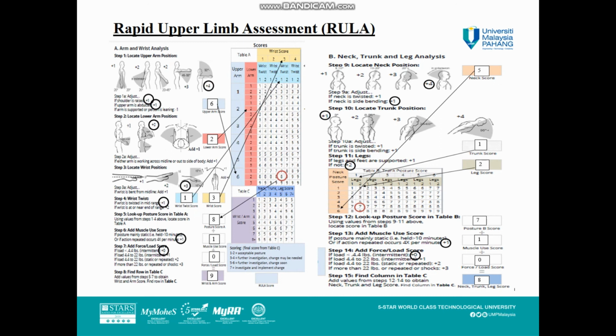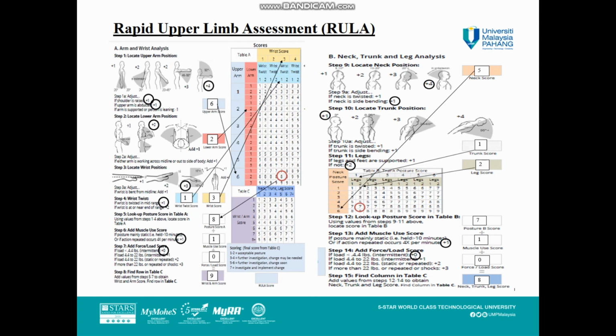Move to the second step, which is to locate lower arm position. We choose +2. If either arm is working across the midline or out to the side of the body, we add +1. So the lower arm score we got is 2.